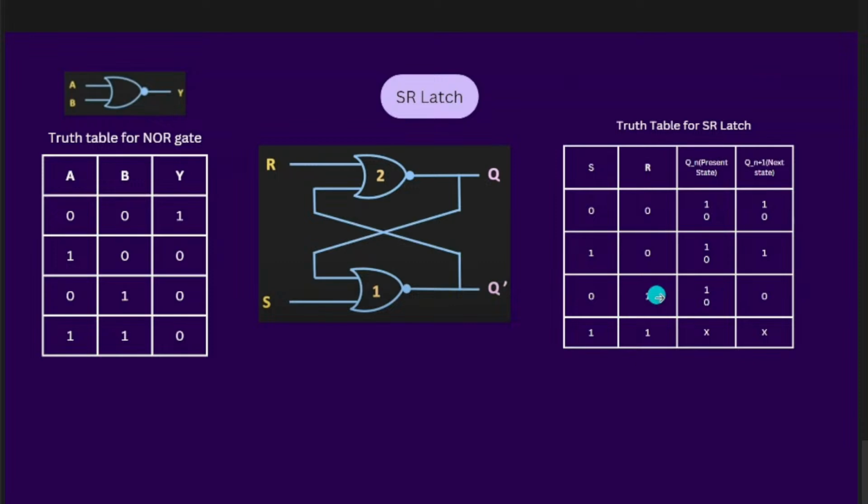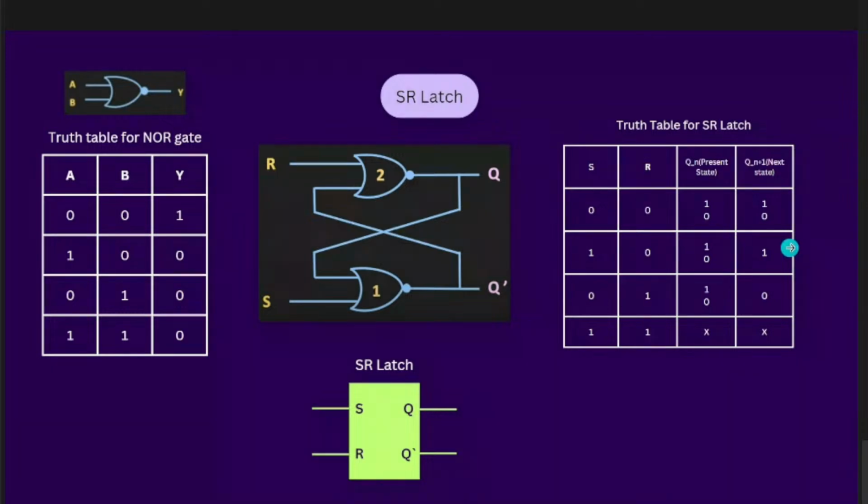And if reset is 1, irrespective of the present state, the next state will be 0. And 1 and 1, that case is forbidden. So this is the diagrammatic representation of SR latch. We can represent it as this diagram also.